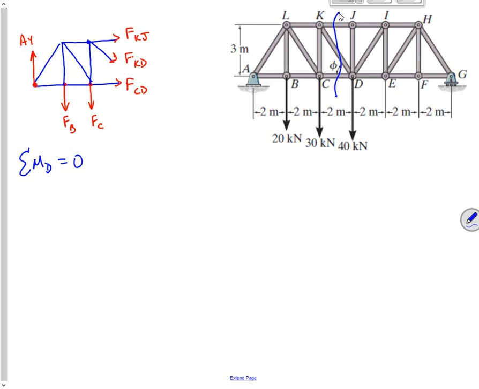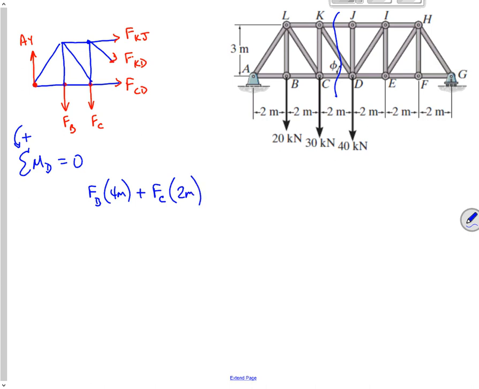So again, I'm going to choose counterclockwise to be positive. So I get FB. How far is FB from D? That's 4 meters. Plus FC times 2 meters.